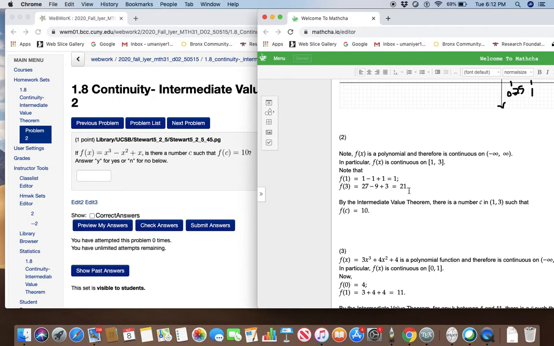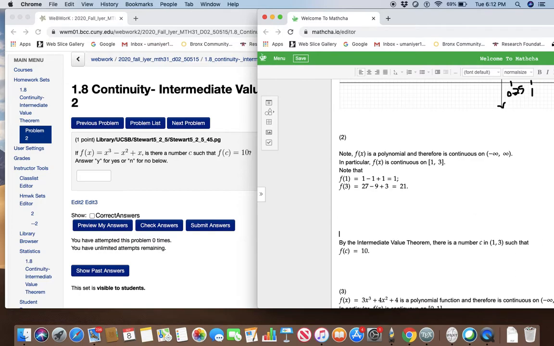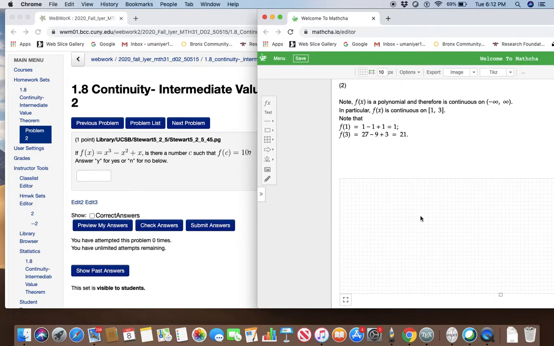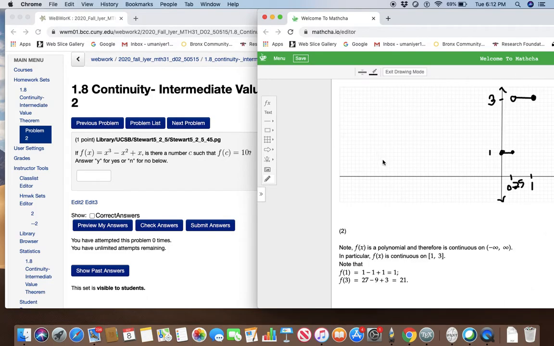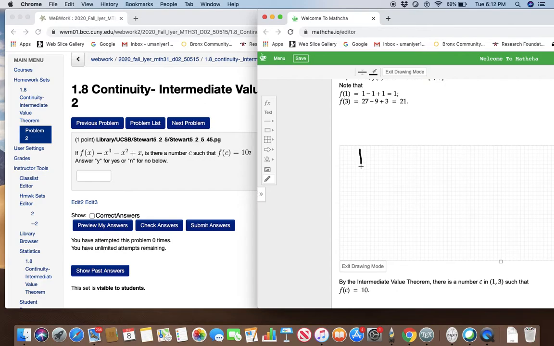What does that mean? You might want to draw it to understand what it means. You have the y-axis and the x-axis, and you have a continuous function.